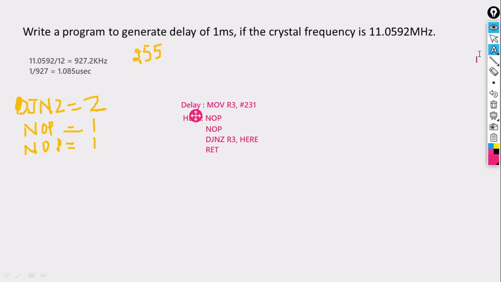If you look at this particular operation, let us check whether it is going to be correct or not. Let us go in our conventional way.